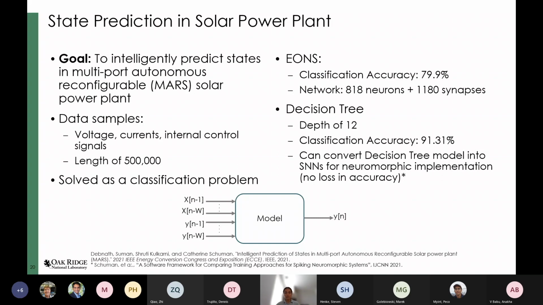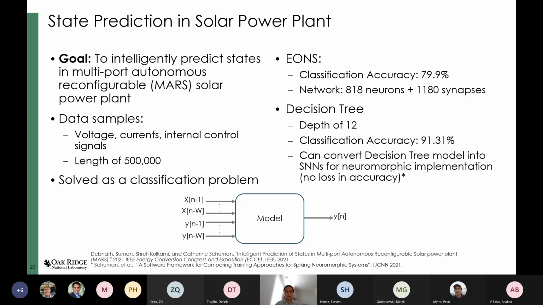Of course, it's not the best, but we can show that with a spiking neural network of roughly about 800 neurons and 1,000 synapses, we were able to accomplish this task with a certain accuracy level. As a comparison, we also applied the decision tree framework from the scikit-learn library.